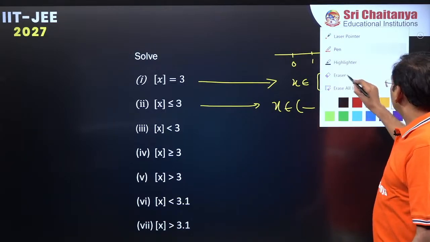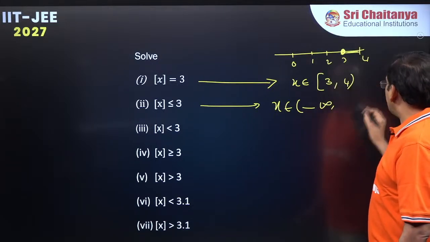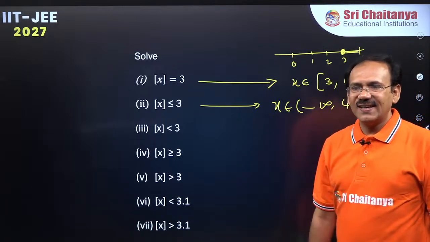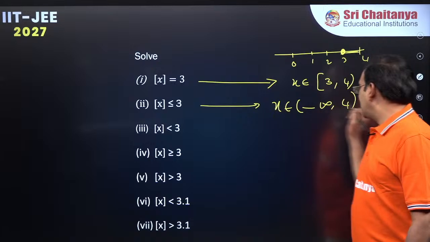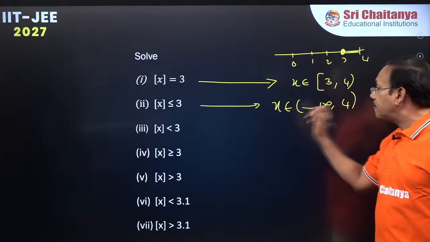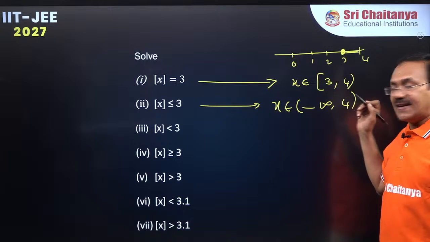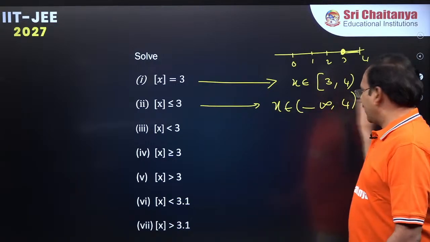This is not 3. Step 3 in the sense open 4 it is. Clear? Here many students will make a mistake like up to 3. In fact, step 3 means it is 3.999, I mean open 4.